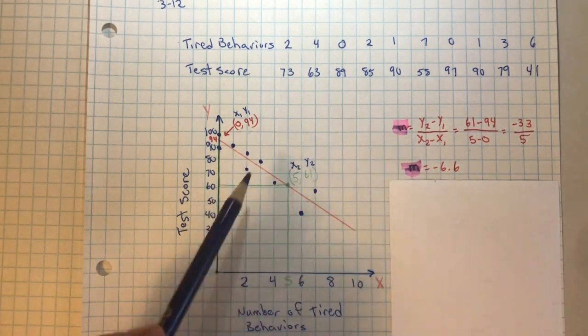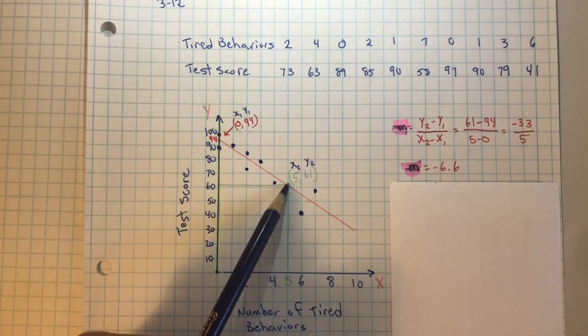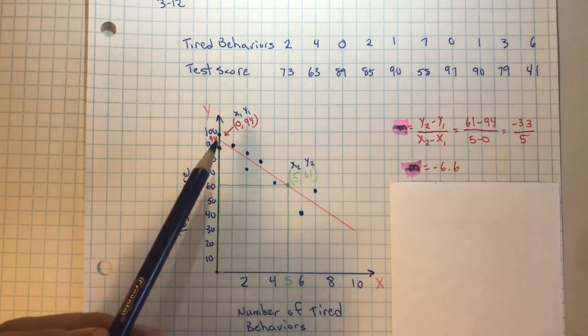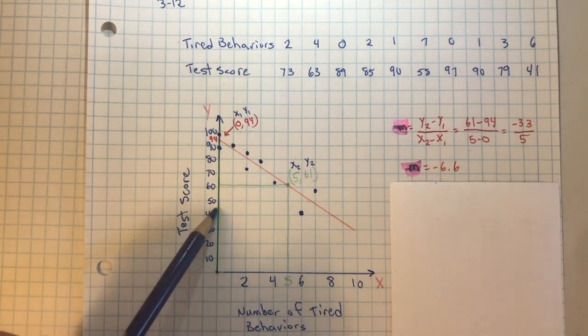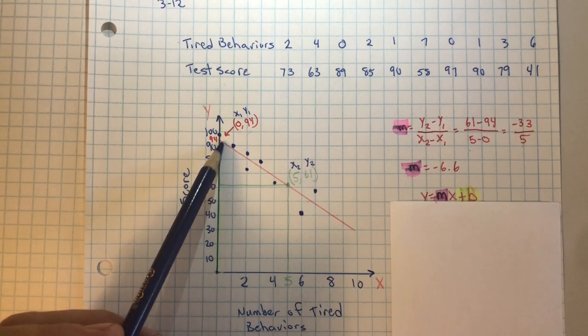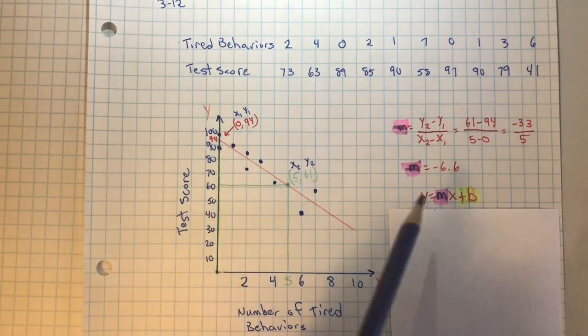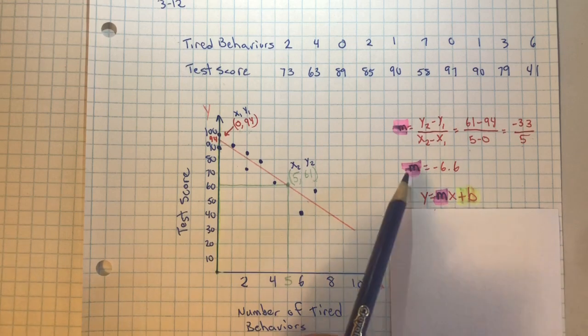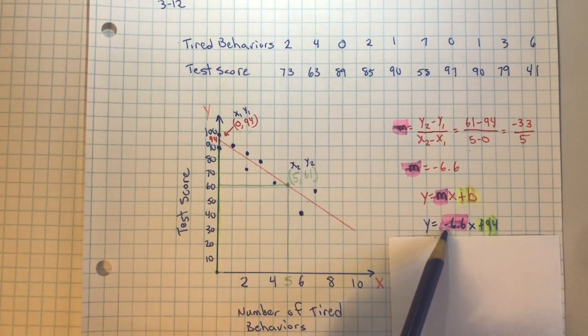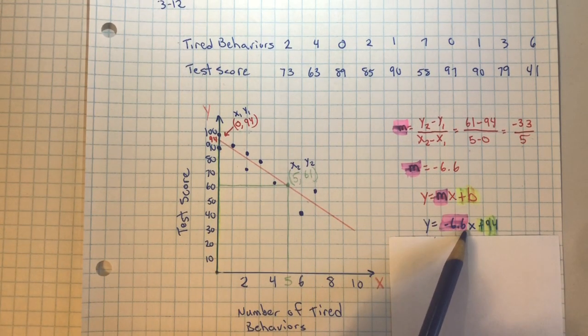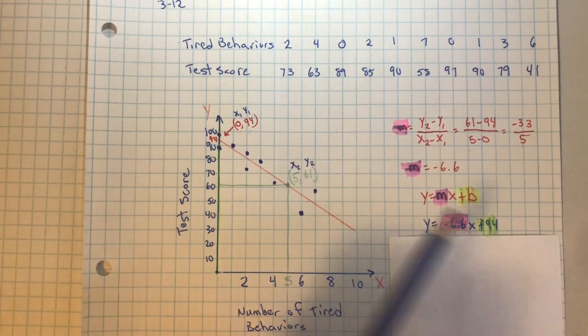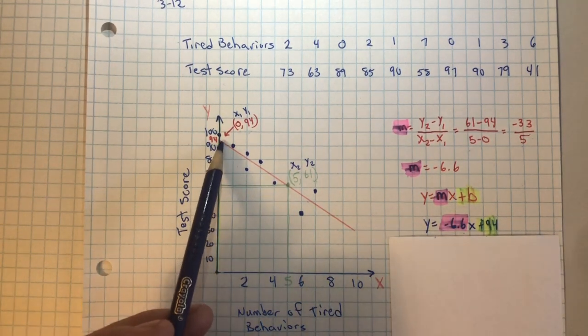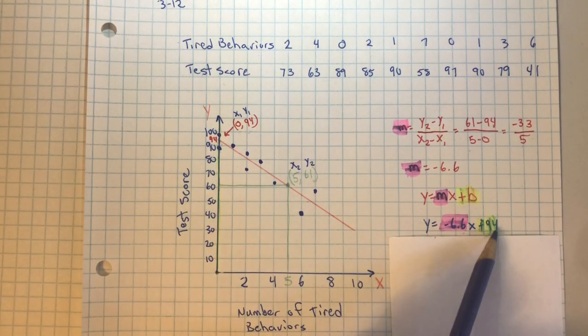So I have my slope now, and to find the equation, I also need the y-intercept. So slope-intercept form, y equals mx plus b. We have the slope, which is negative 6.6, or negative 6 and 6/10, and my y-intercept, where it intersects with the y-axis, is at positive 94.